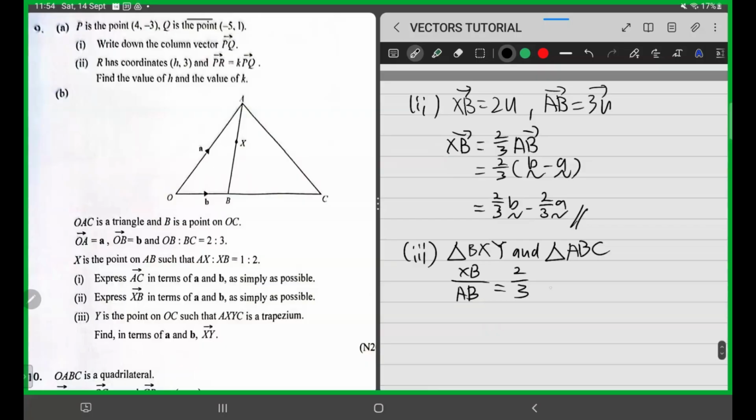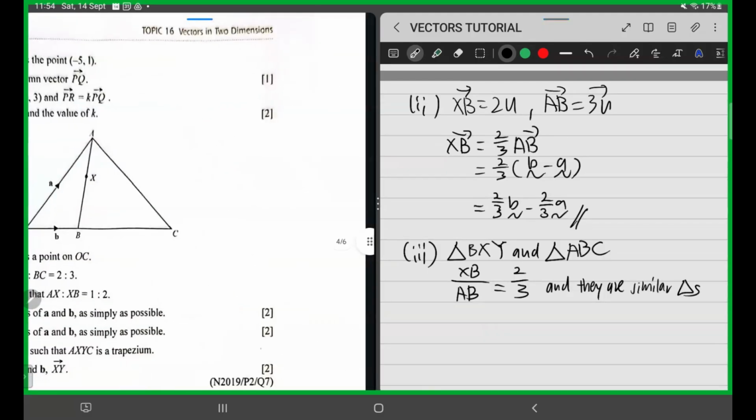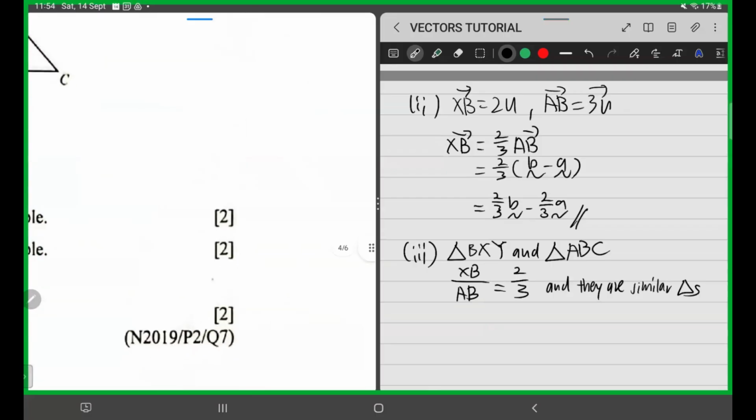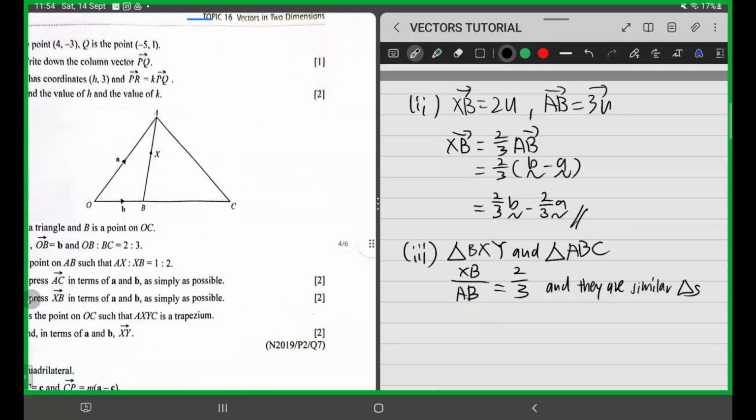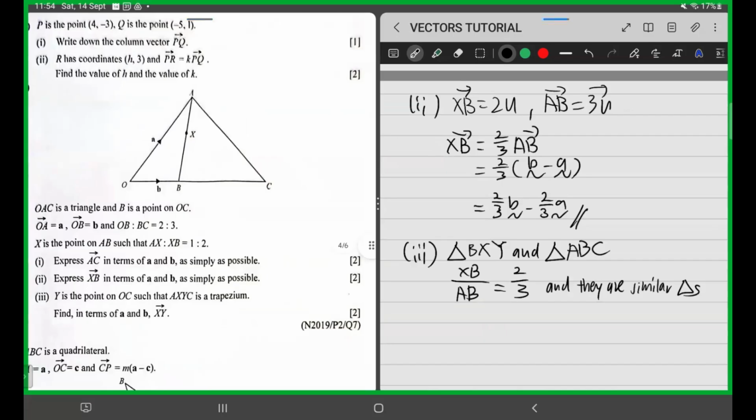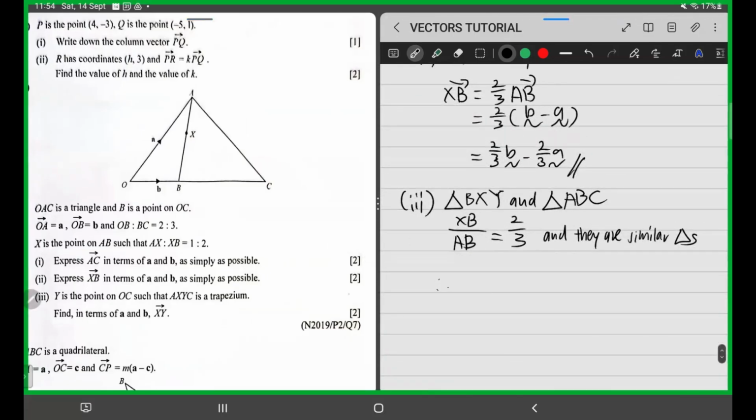And they are similar triangles. You don't have to prove that they are similar. This question is only 2 marks. But as long as you can deduce that they are similar, you can use the property already. Hence, by similar triangles, we can tell that XB over AB equals 2 over 3.